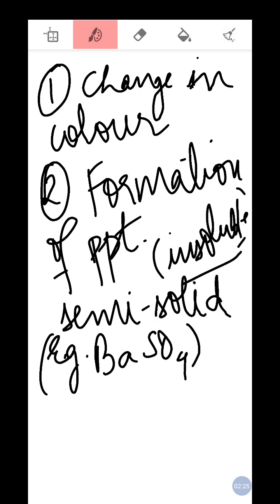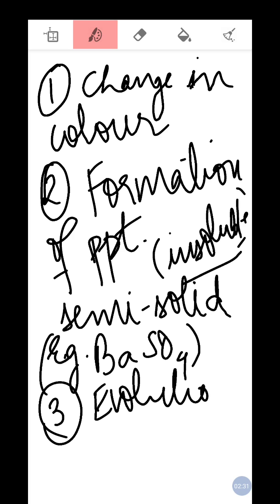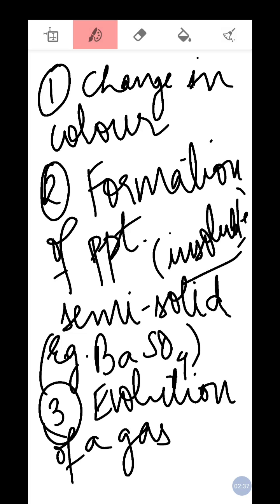All right. Then the third one is evolution of a gas. Like in this example only, along with barium sulfate, hydrogen gas is released. So that is also one of the examples. Evolution of a gas could produce a sound, just like hydrogen, or it could also produce a smell, like ammonia.